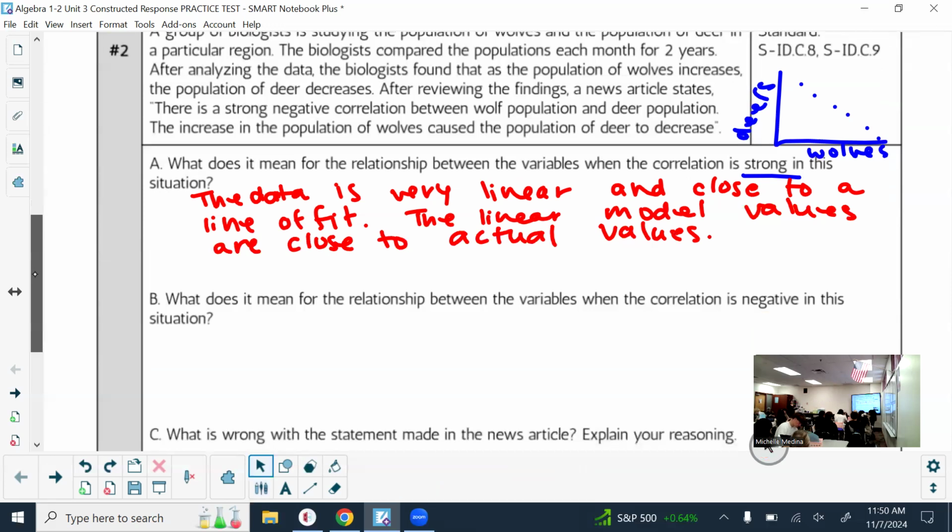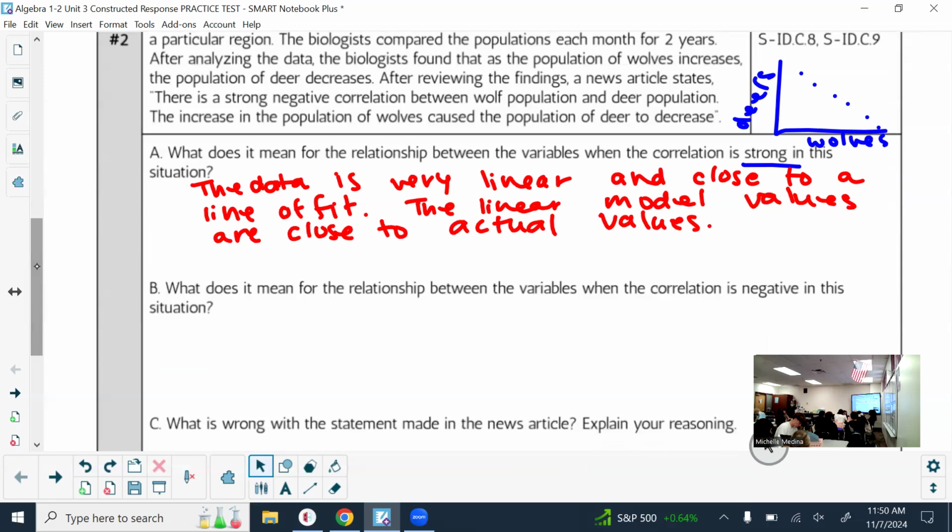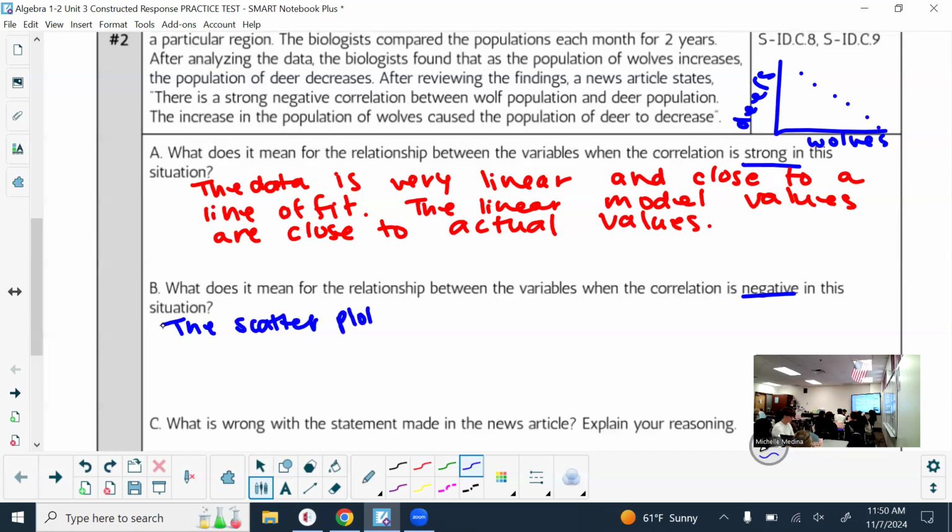Part B, what does it mean for the relationship between the variables when the correlation is negative? So if I say it has a negative correlation, I know that the data is going down. Okay. So you can say the scatter plot has data points going downward, something that tells me you know what it means. The scatter plot data goes down from left to right.